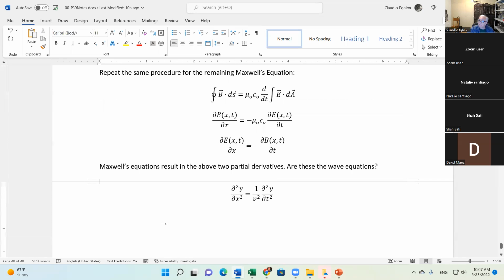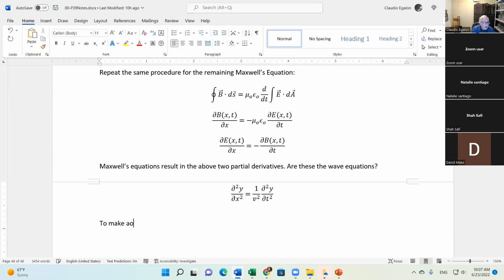But we can get those two equations to look like this one. How do we do that? It's a rather straightforward way. All you have to do is differentiate this with respect to x.